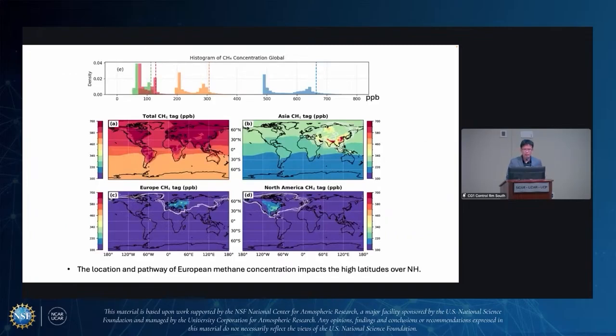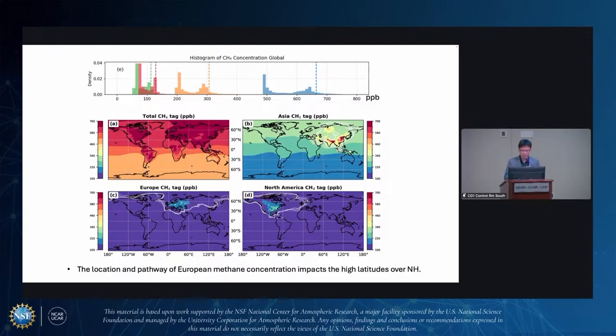We know that the methane concentration is the highest near the source regions, and then after emission, it will decrease due to transport or dilution or reactions. Therefore, the grids where the values are higher than the 90th percentile give us information on where the most methane molecules are located.